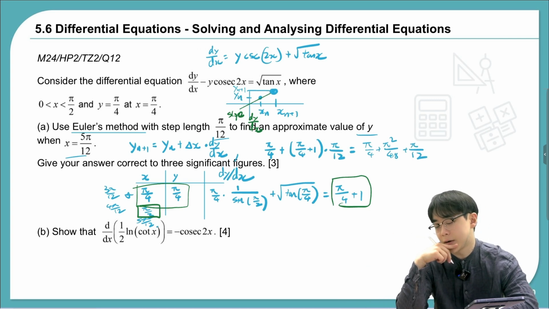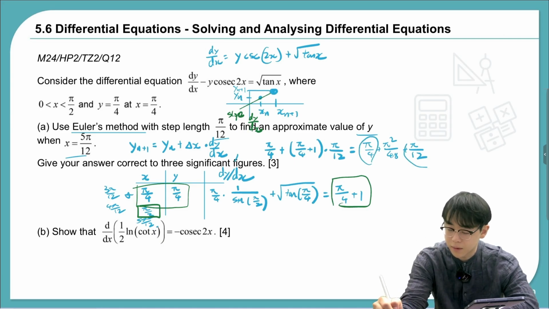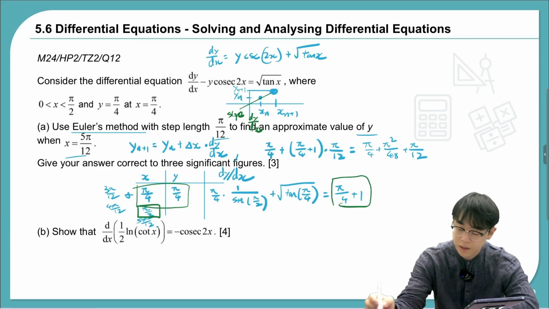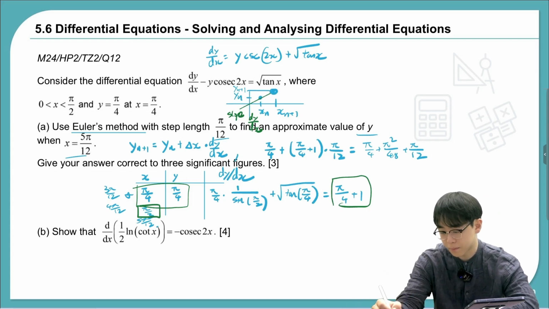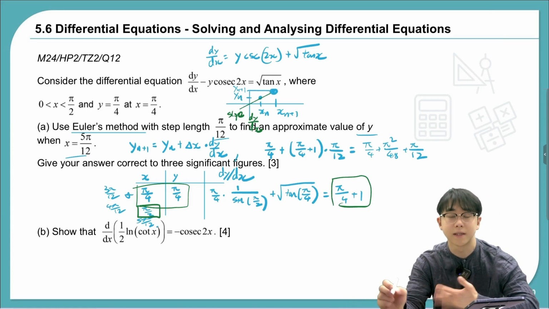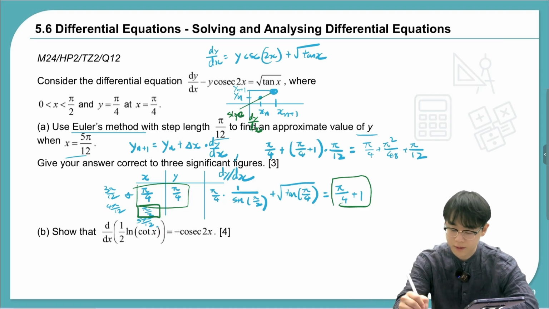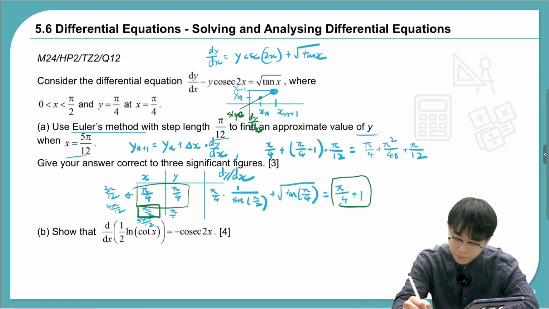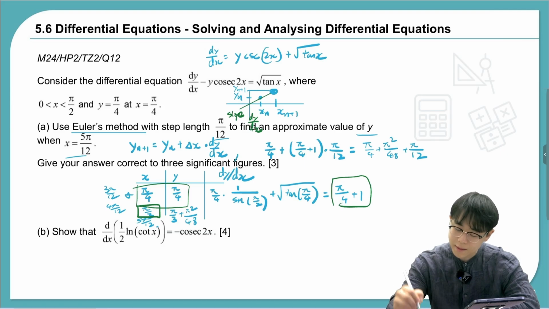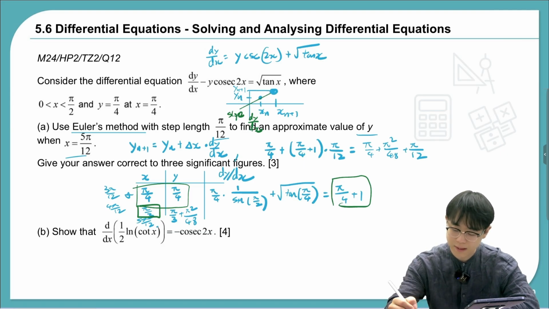If you were to add all that, these ones would just be 3 pi over 12 plus pi over 12, so that's 4 pi over 12, or just pi over 3. And then we would have to add pi squared over 48. Okay. And then we can find the new dy over dx.